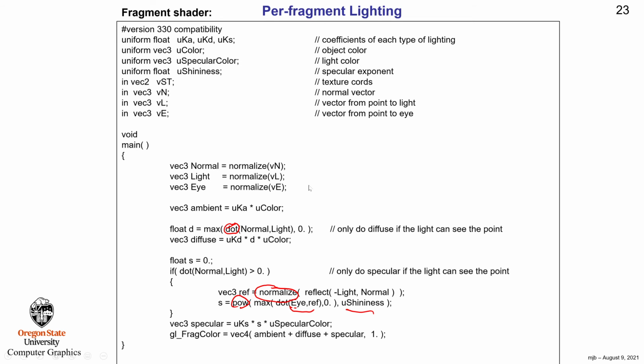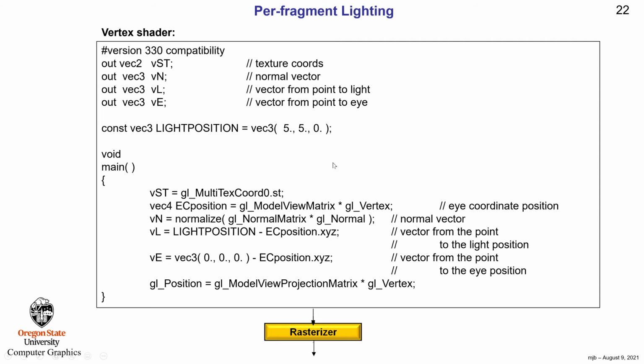Now, let's go back because we're not doing per vertex lighting, we're doing per fragment lighting. So here's what we've got. We've got some out variables, beginning with a V. We're going to set the light position, and normally I would make this a uniform variable so that it can be changed from outside the shaders.